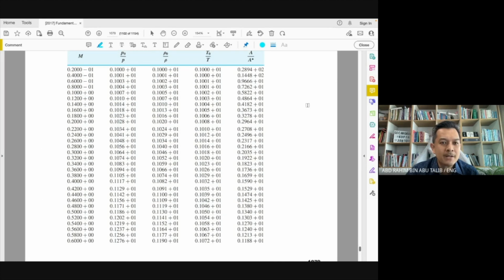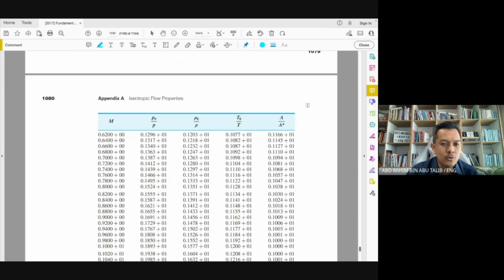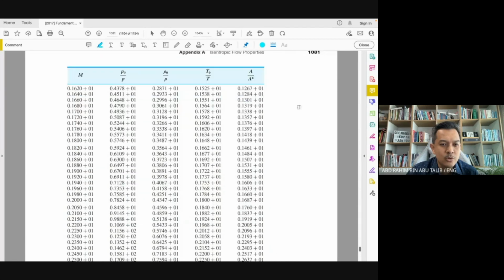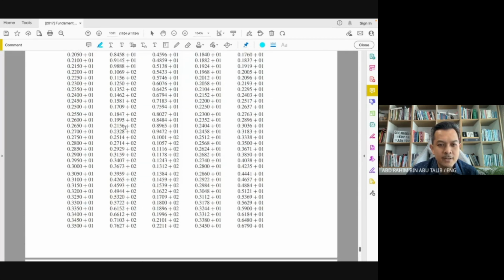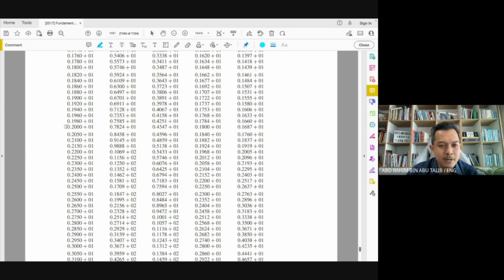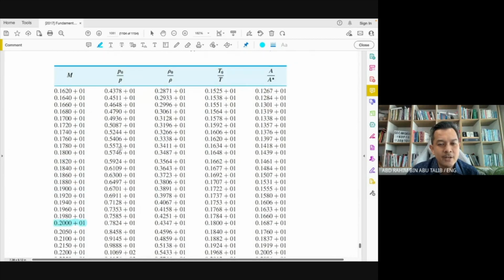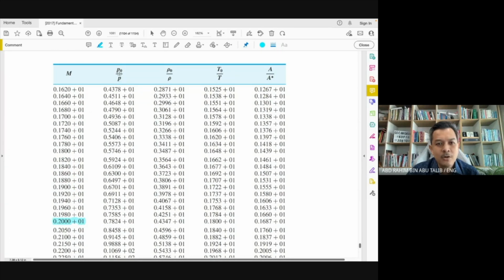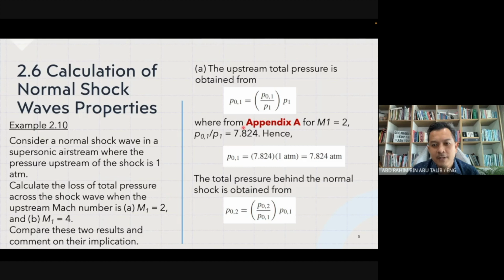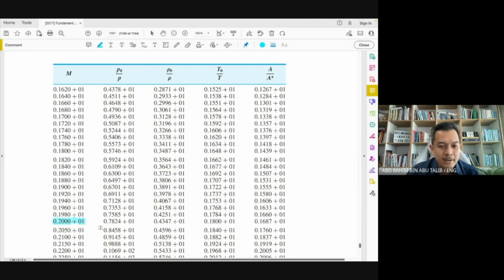When Mach number equal to 2, you go to Mach number equal to 2 over here, and you can read the corresponding P0 over P, which is 7.824. This is the value.